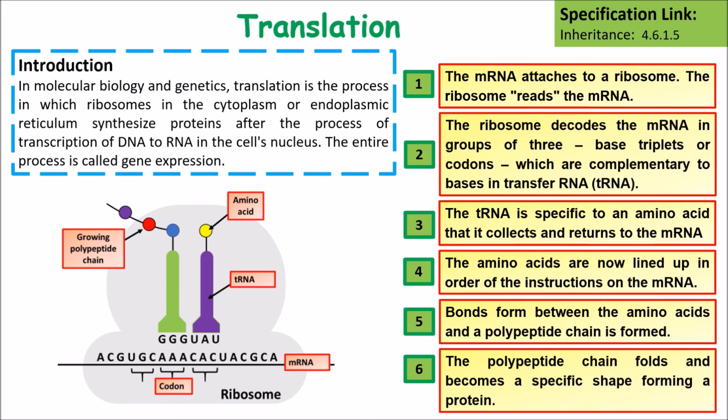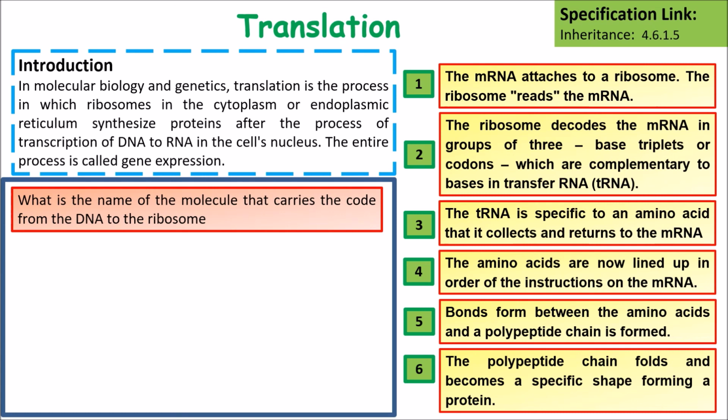The amino acids are now lined up in the order of the instructions on the messenger RNA. So bonds form between the amino acids and a polypeptide chain is formed. The polypeptide chain folds and becomes a shape, forming a specific protein.